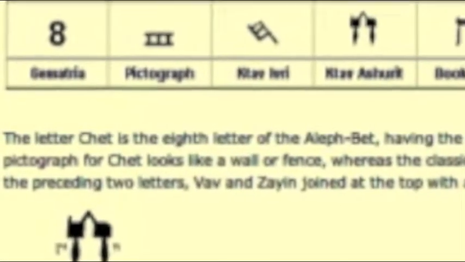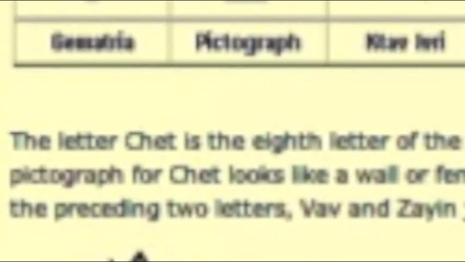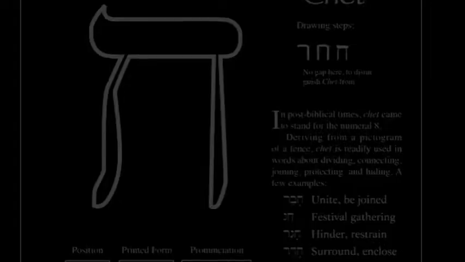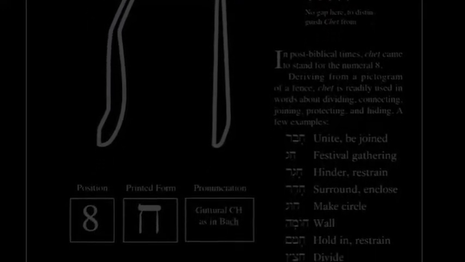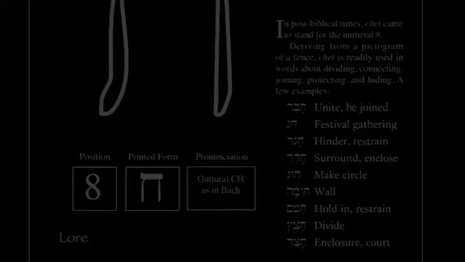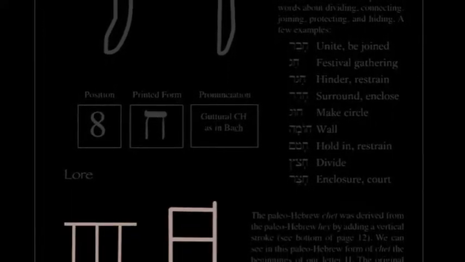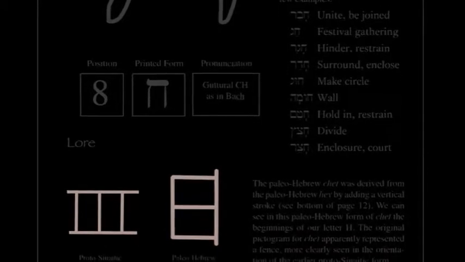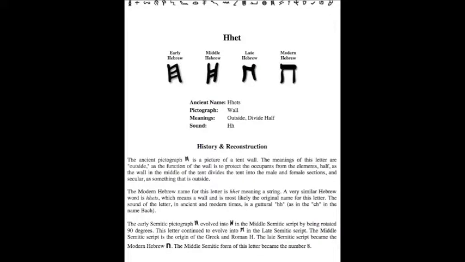The modern Hebrew name for this letter is Chet, meaning a string. A very similar Hebrew word is Chatz, which means a wall, and it's most likely the original name for this letter.